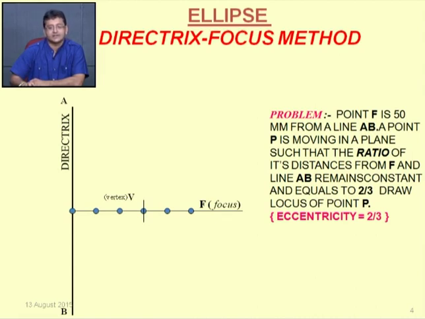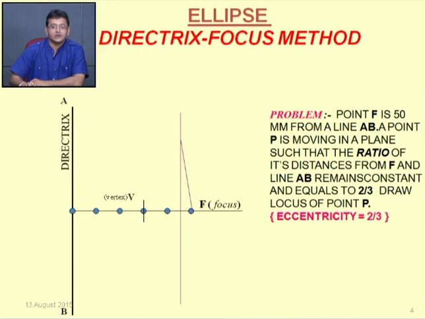So eccentricity is 2/3. This is the first point from which the ratio of focus and directrix distance is 2/3. Now locate similar points having the same ratio of 2/3 so that you can draw an ellipse.